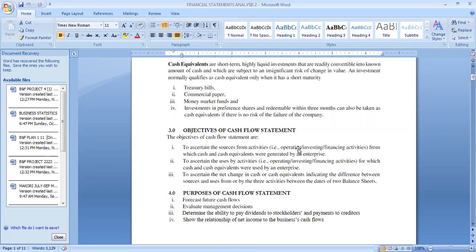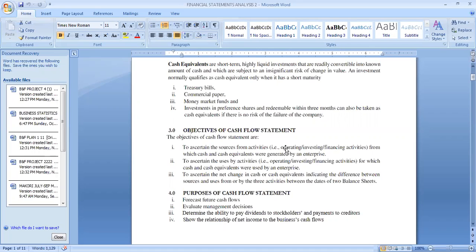The operating activities are those activities that are normally undertaken in the business on a day-to-day or regular basis, especially things like the buying of stock, selling of goods, payment of taxes, sorry, not taxes, but salaries, and such kind of things that keep on repeating themselves almost daily.